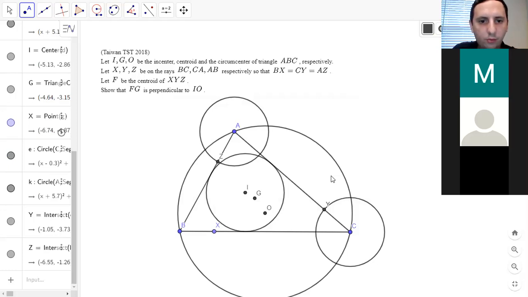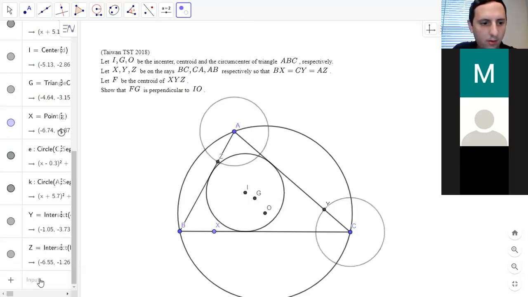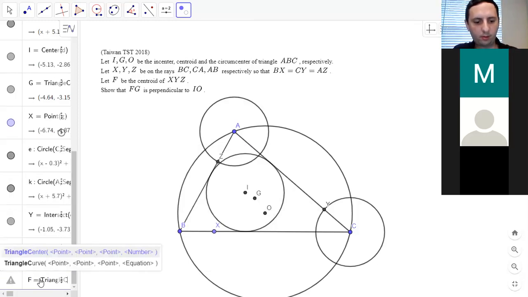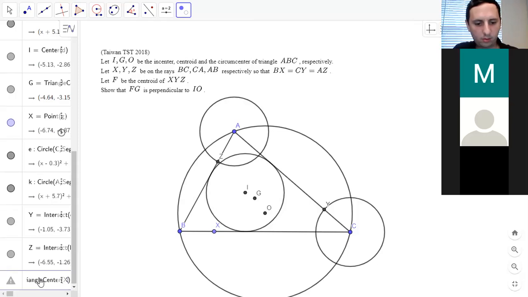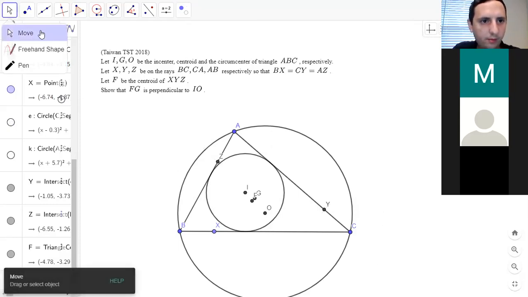F is the centroid of XYZ. That's interesting. So I'm just going to hide it later. So that's F. Let me make the diagram look a little better. We want to show FG is perpendicular to IO.